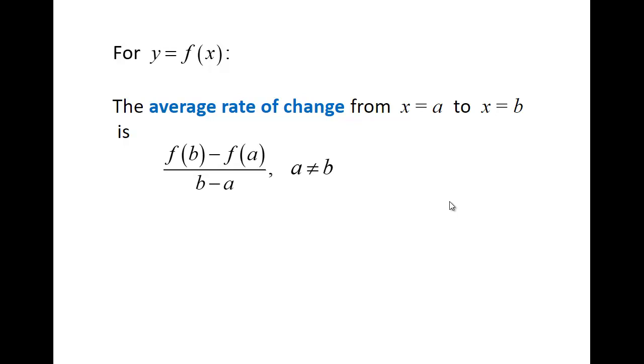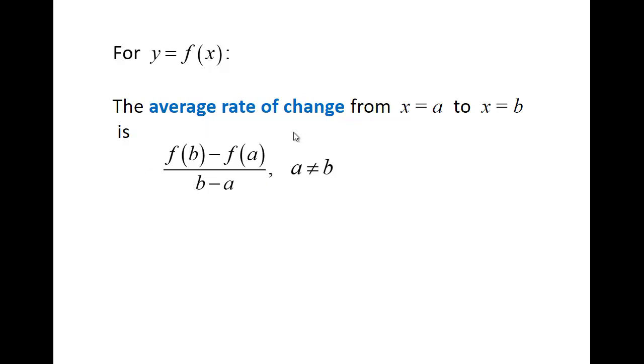Here I'm assuming a and b are not the same. So x is changing from a to b, and the value of the function is changing from f of a to f of b. So this numerator is the change in the function, divided by the change in x.